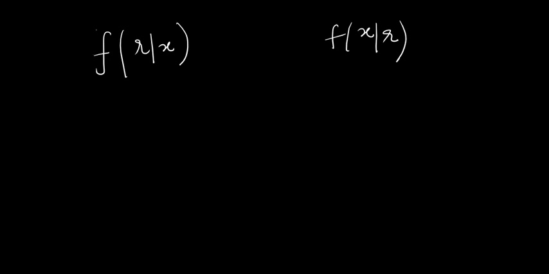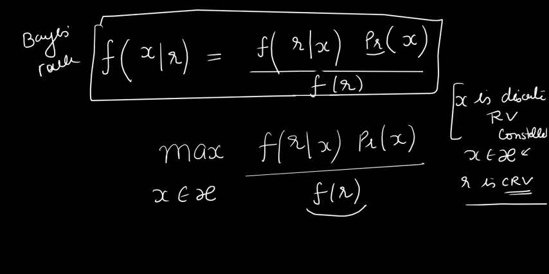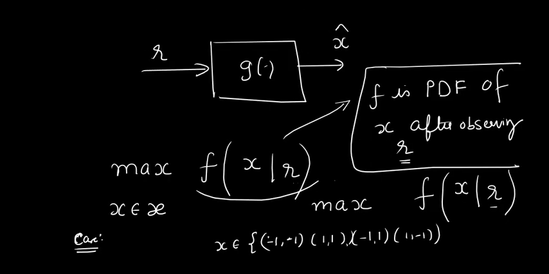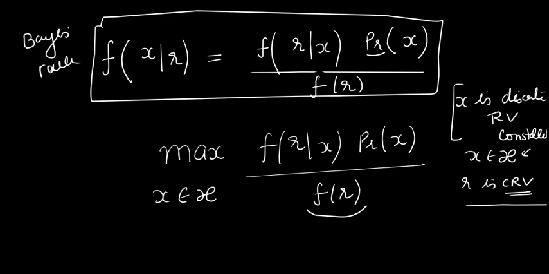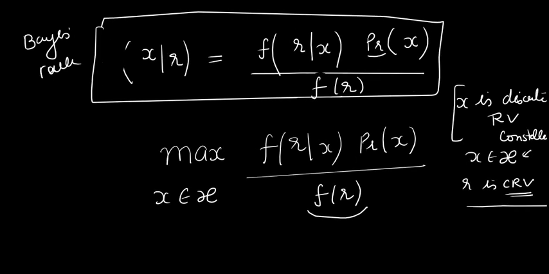So the problem is how to evaluate f of R given X. Note that this is the likelihood and this is the a posteriori probability function, or a posteriori PDF, of X given R. Or I should call it probability because X is random. Sorry, it's discrete, right? So what is the probability of a particular X after observing R?